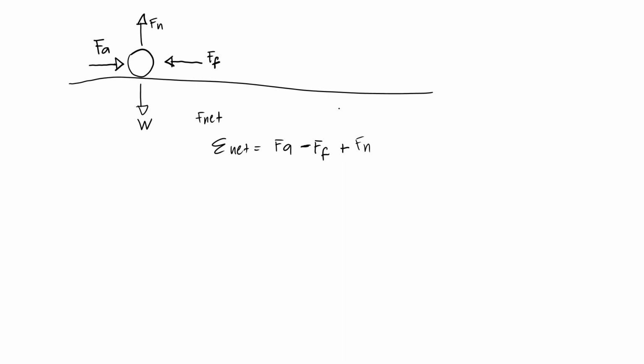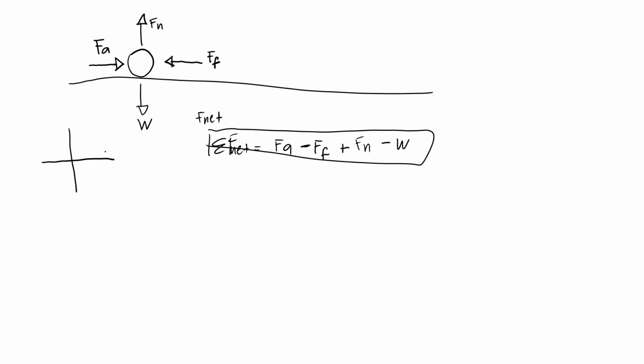And lastly, the weight is going down, so that is negative W. This is another formula for F net. If we draw a Cartesian plane with x as horizontal and y as vertical, it is negative, positive, positive, negative. Those directions are the same as the forces on this object.